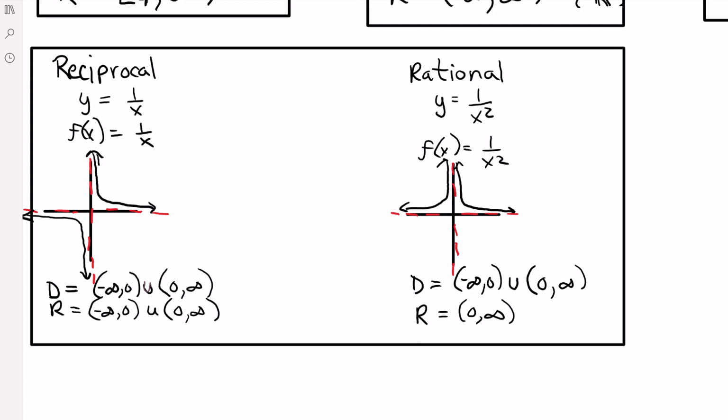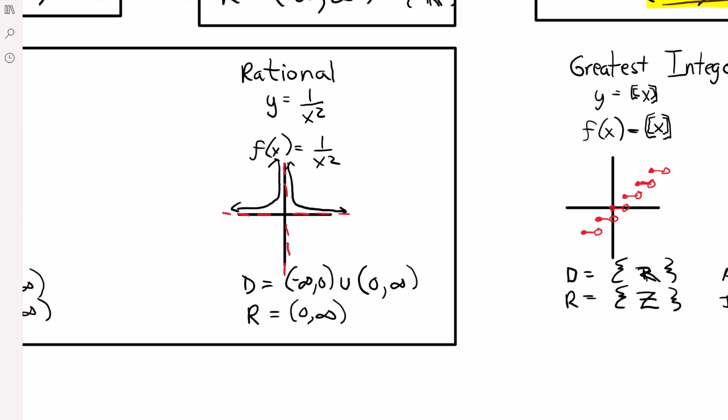So you're going to have a domain and range that is a union set. For the domain, it's the x's less than 0 and the x's greater than 0. For the range, it's the y's greater than 0 and the y's less than 0.